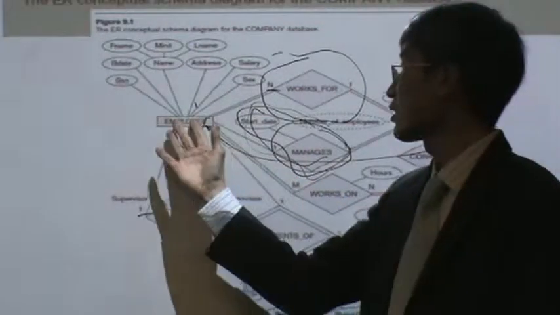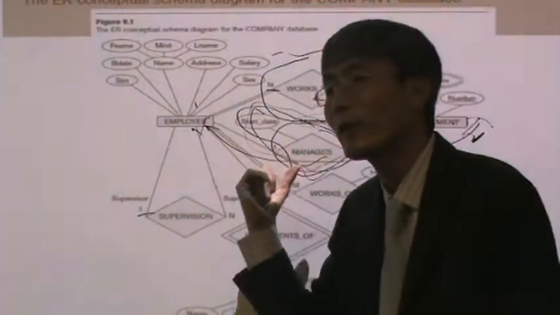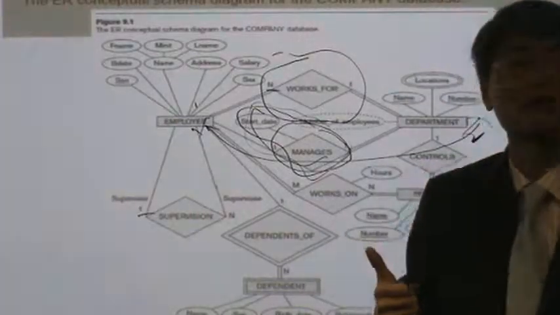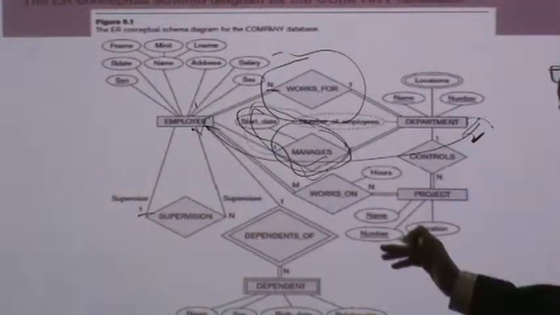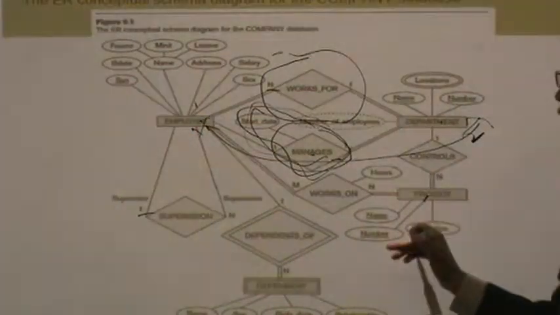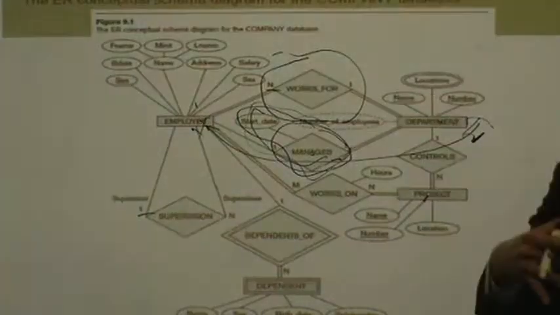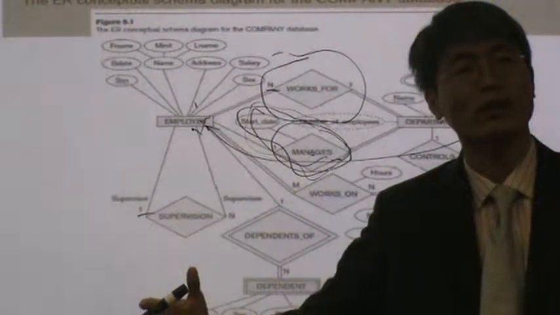When we access the data, sometimes we can get most of the information from one table, one relation. Not always. Sometimes you need to access several others. However, when you access a different data source, a different table, it requires a lot of computer resources, which means it's slow. Okay?